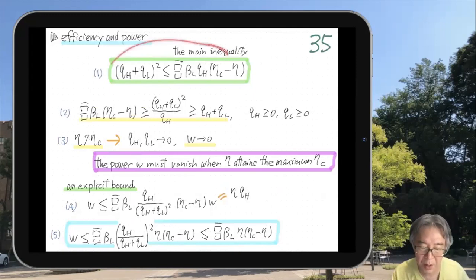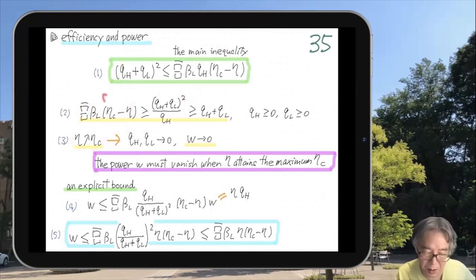So this is our main inequality. To see the implication, let's rewrite it like this. Now we have all Q's here, and this is a finite constant related to heat conductivity, this is inverse temperature, and this is eta C minus eta, the efficiency of our heat engine. Suppose that the efficiency of our heat engine becomes closer and closer to the Carnot efficiency.